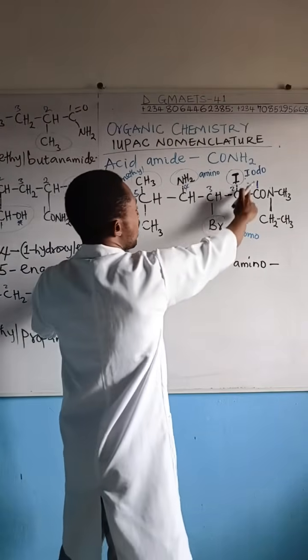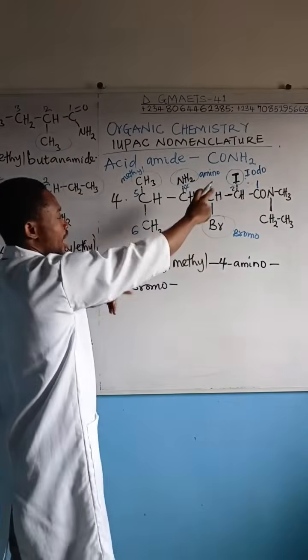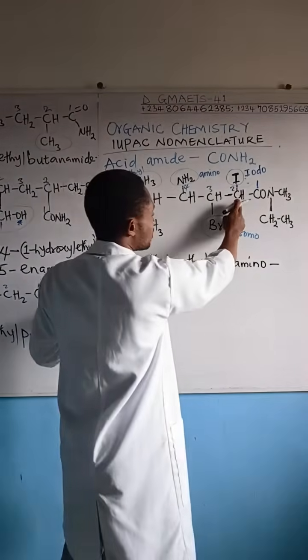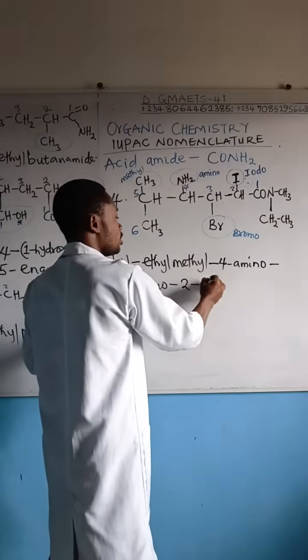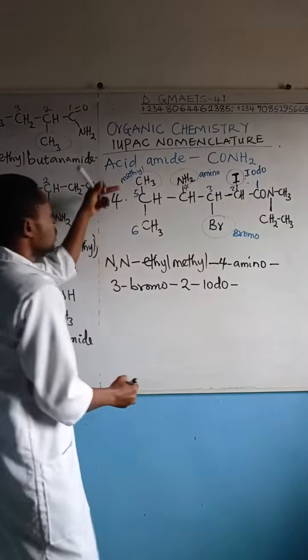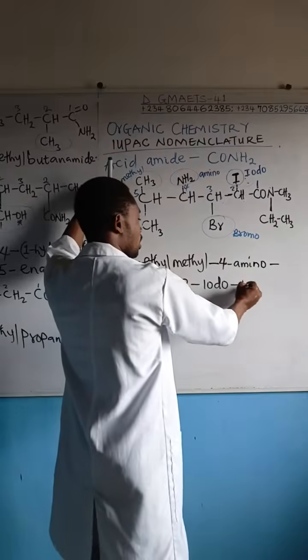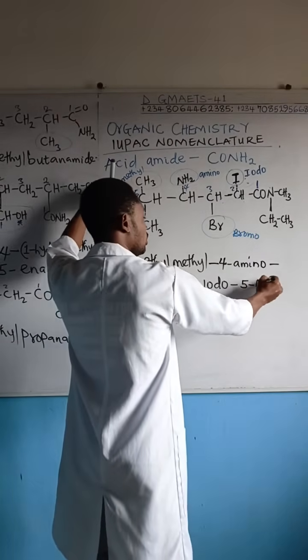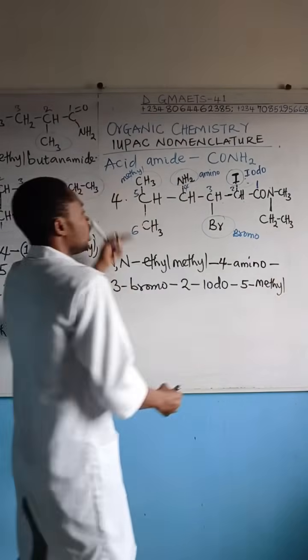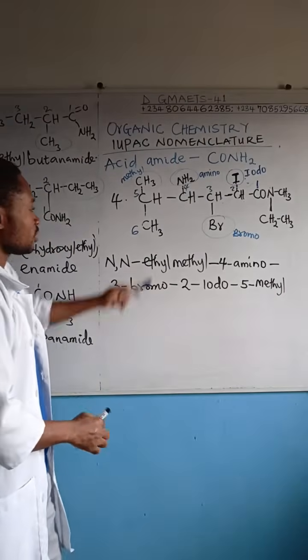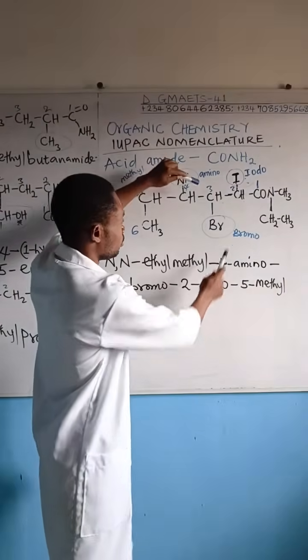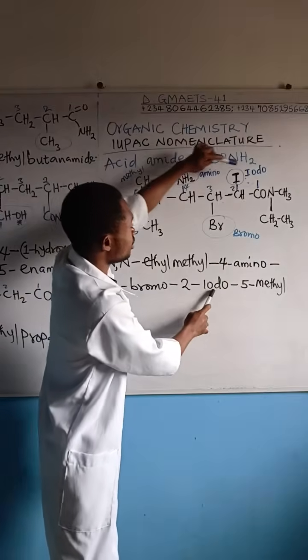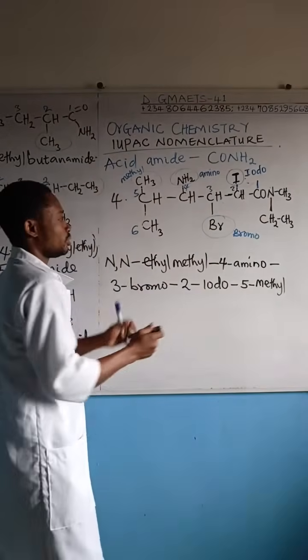Then after that, you have I and M. I will come, and that I is on the second carbon atom. 2-iodo. The next attachment is seen on the 5th carbon atom, 5-methyl. I think I'm done with all the attachments. Amino, bromo, iodo, methyl. That's it.